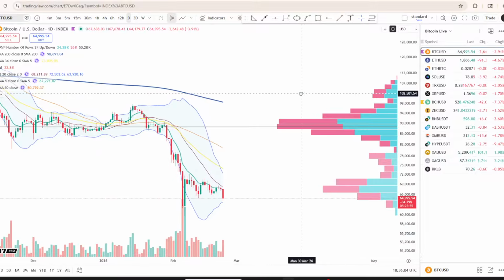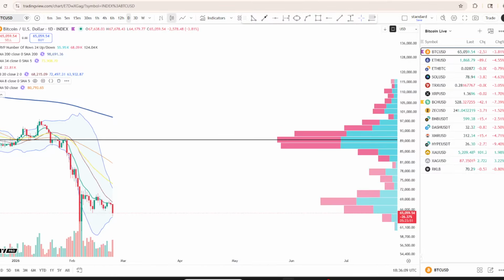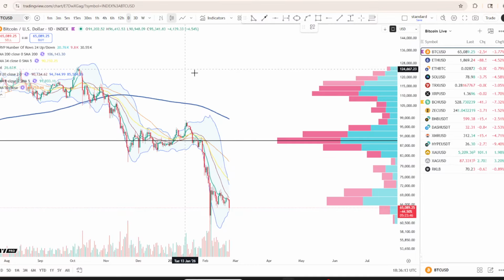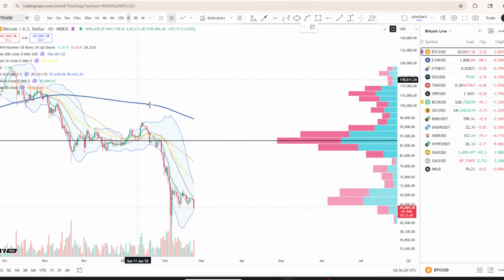Now, what's interesting about this, I have another video on something called the point of control. This just shows you the visible range, meaning the range of candles that you see here, from this candle to this candle, where the volume transpired.